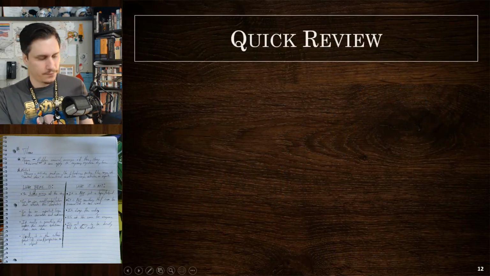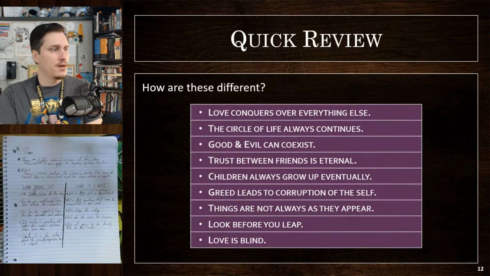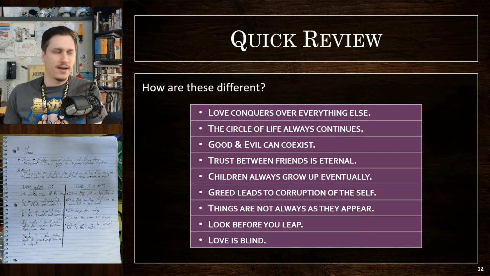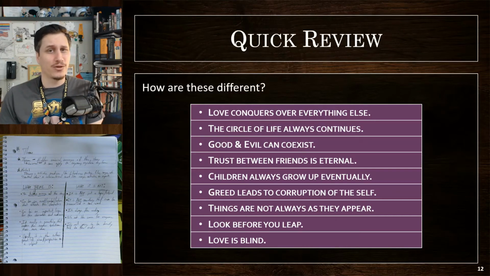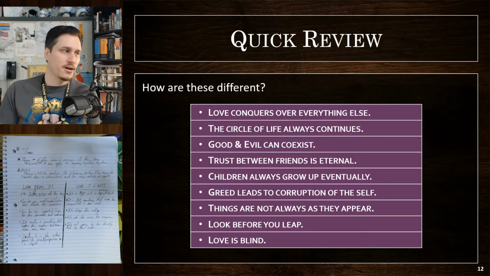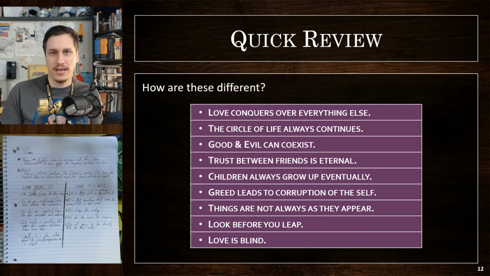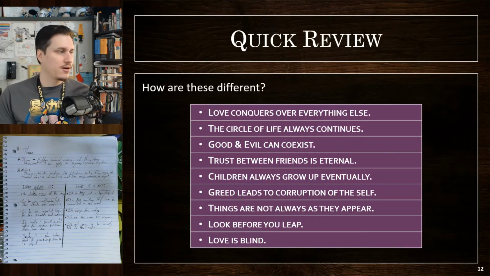So now take a look at this. This is a list of themes that I just really quickly threw together a super long time ago. This is a terrible list. It's old. I don't like it, but it's functional. Okay. So if we were talking about good and evil on the previous slide, and here we're like, oh, good and evil can coexist. Cool.